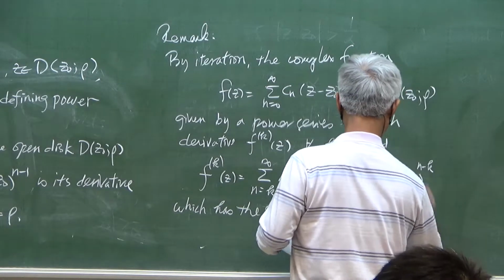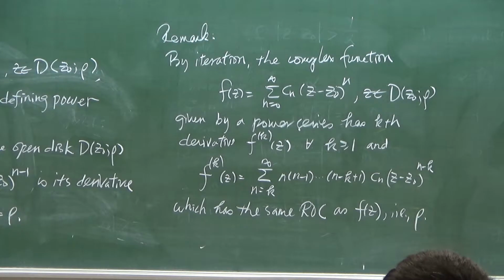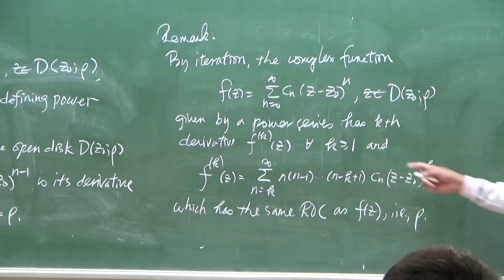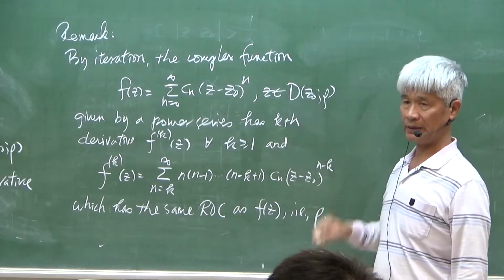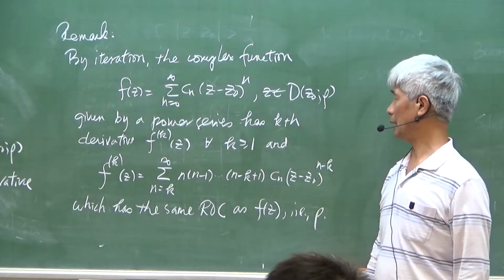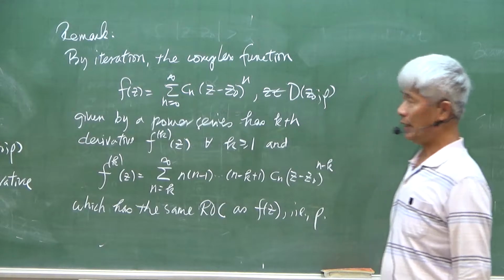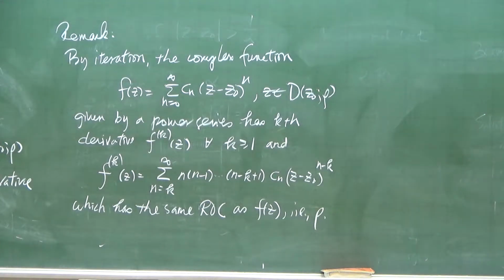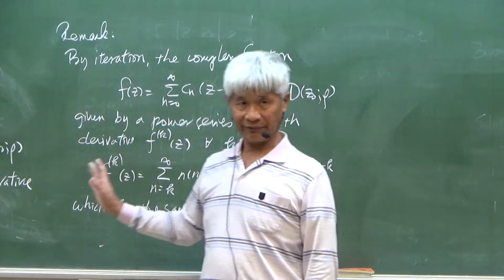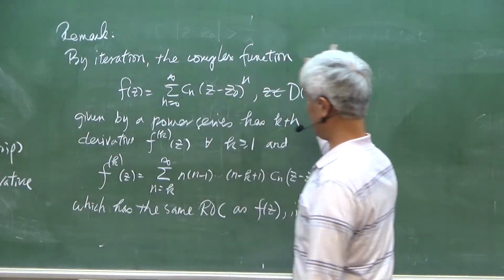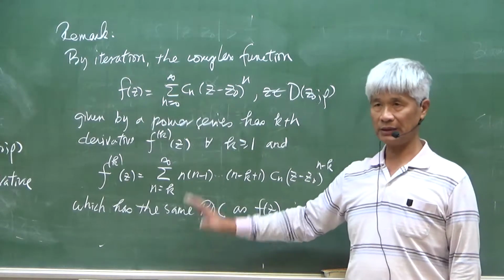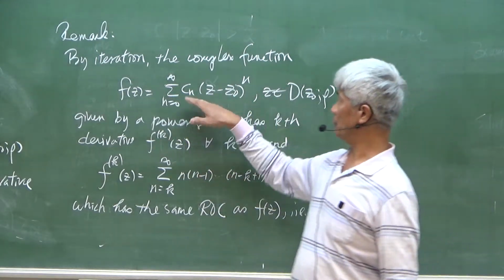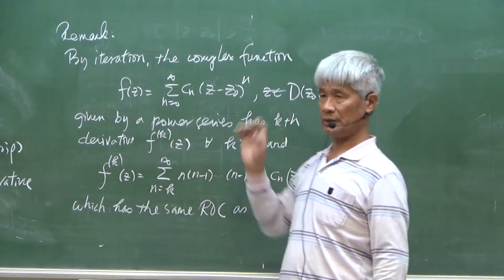So this k-th derivative is defined for every z in this open disk. So any function defined by a power series is quite convenient: you can write down the k-th derivative, and you know its ROC is the same as the defining power series.